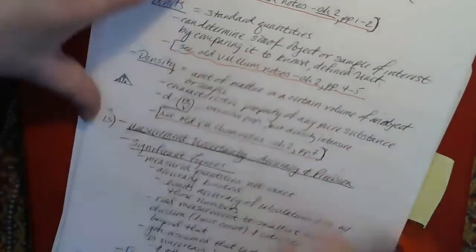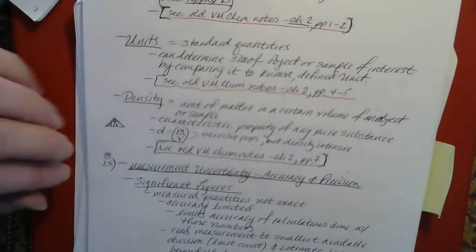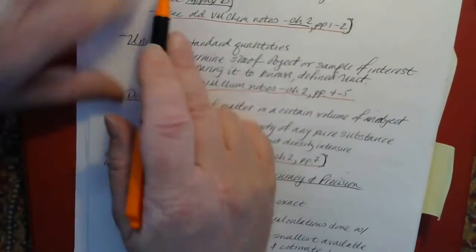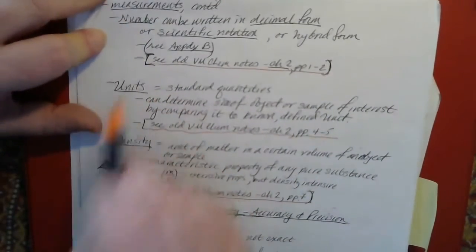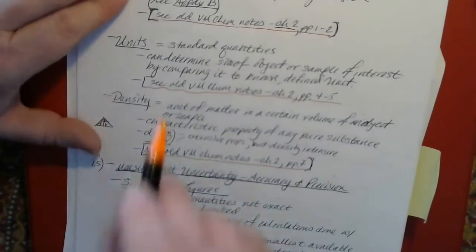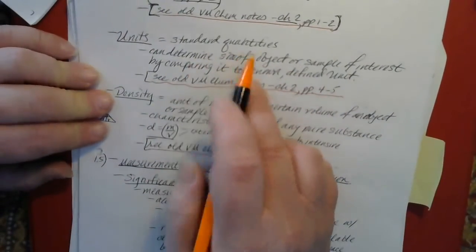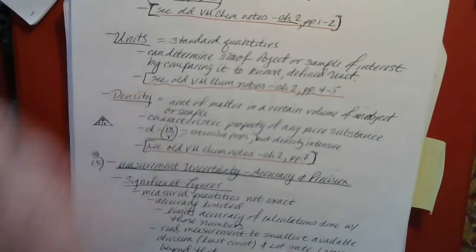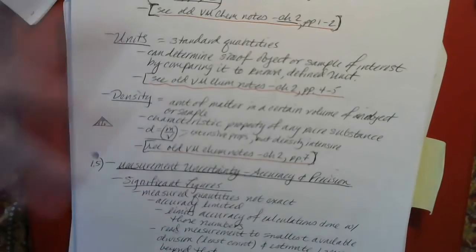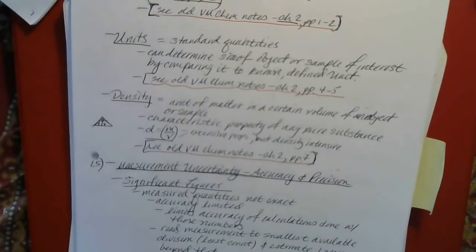All right, now we come to, since we're working on measurement, our next thing. We did the numbers up here, now we have to talk about units. The units are agreed upon standard quantities that we use to compare the magnitude of what we've got to those standard quantities.